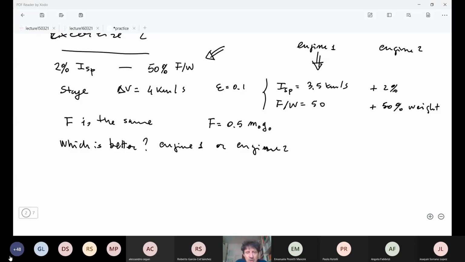So is there someone who can tell me which is better?